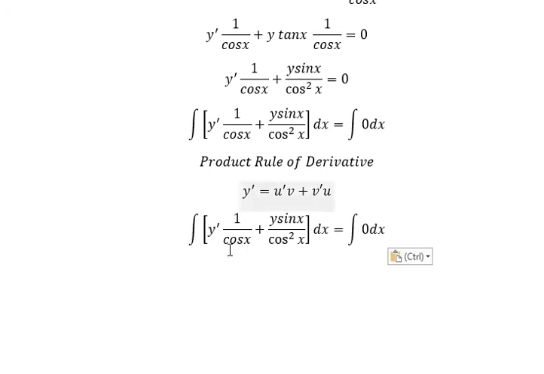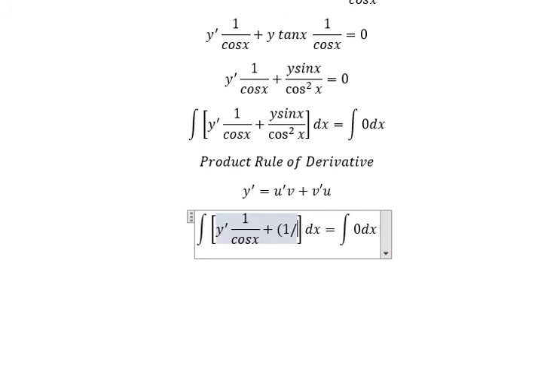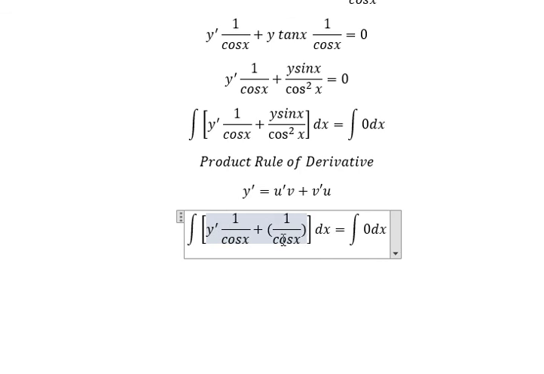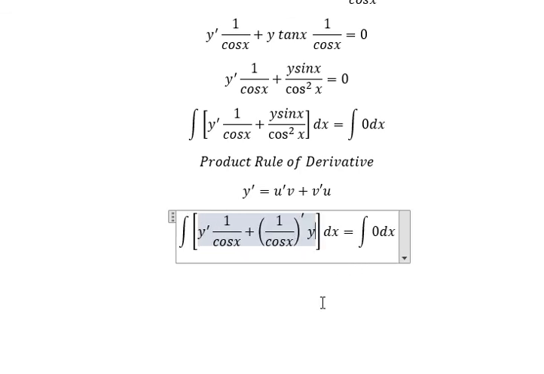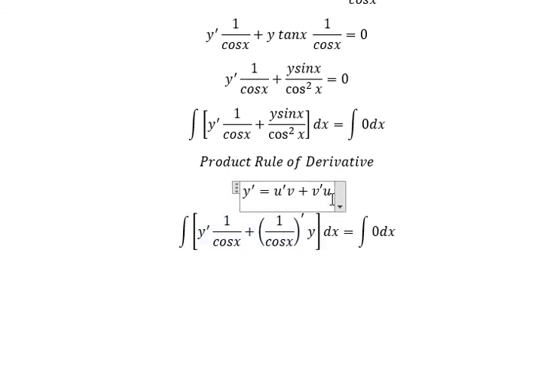Now, if we look carefully, this is the first derivative of u multiplied by v. Sine s over cosine s squared is the first derivative of v multiplied by u. So if we do this integration, we have y equals uv.